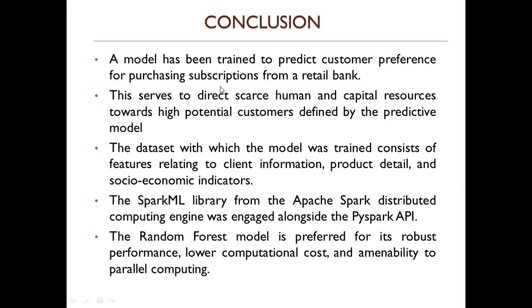The Spark ML library from the Apache Spark distributed computing engine was engaged alongside the PySpark API for modeling. The random forest model is preferred for its robust performance, lower computational cost, and amenability to parallel computing. Thank you very much.